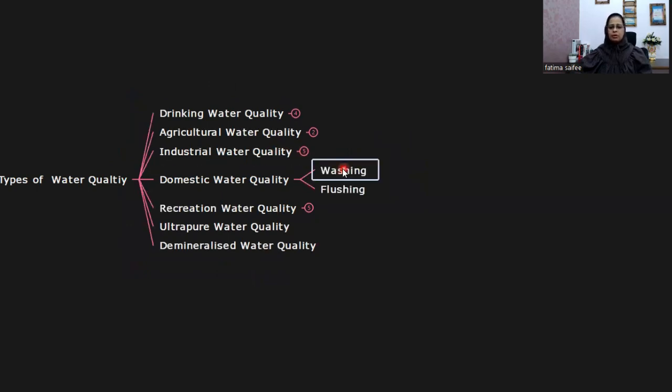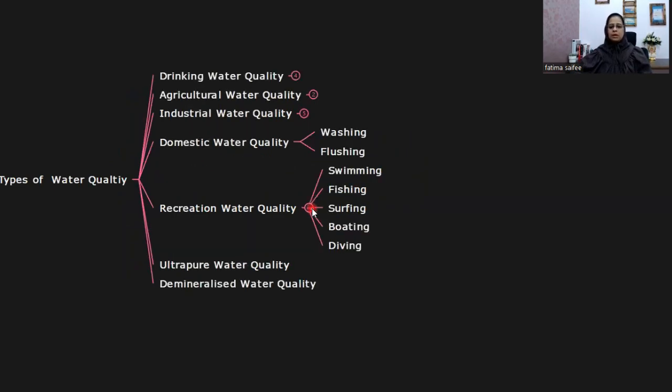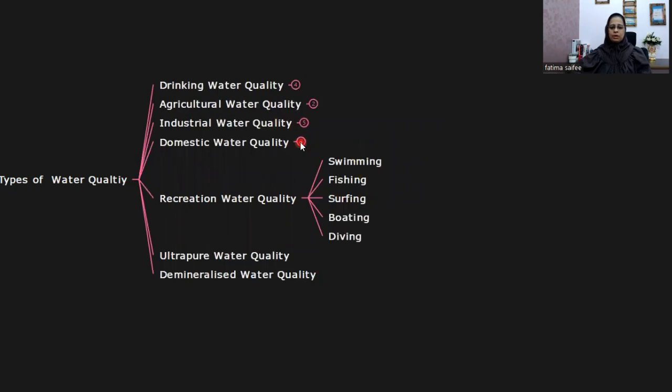domestic water quality. For domestic water quality, normally we are using it for washing and flushing. Recreational water quality means swimming, fishing, surfing, boating, and diving. These are the places where we use water for recreation purposes.